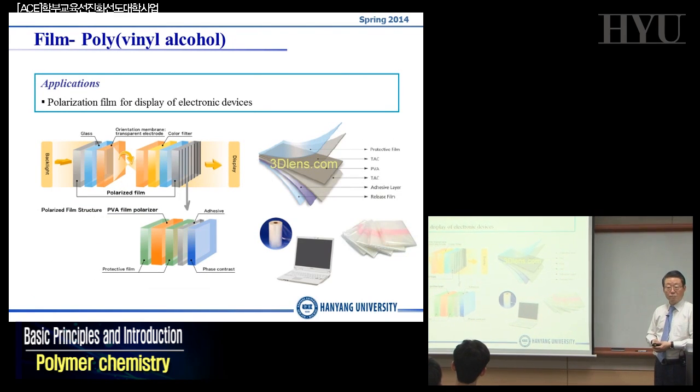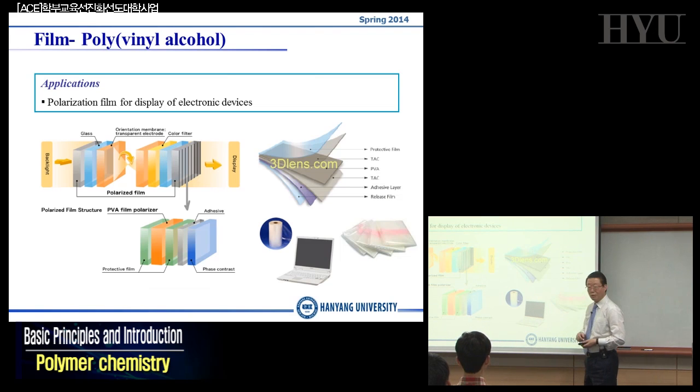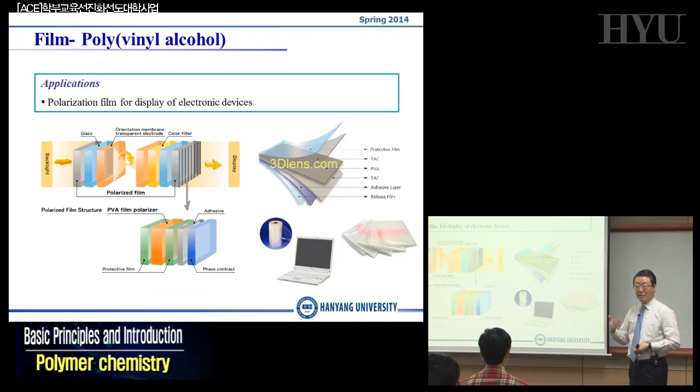The polyvinyl alcohol films can be used to make the polarizing film. If you take a look at this LCD monitor, every LCD monitor has this polarizing film, which is made of polyvinyl alcohol with the same chemical structure.